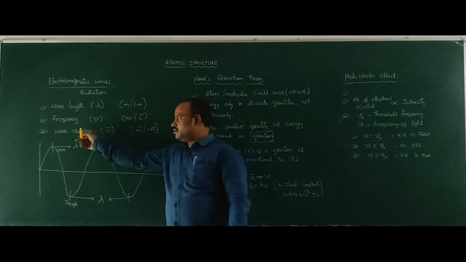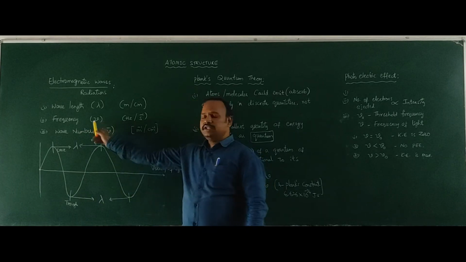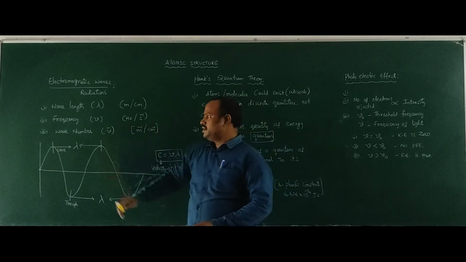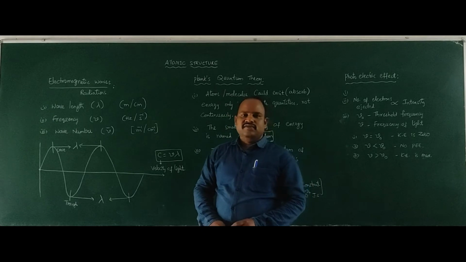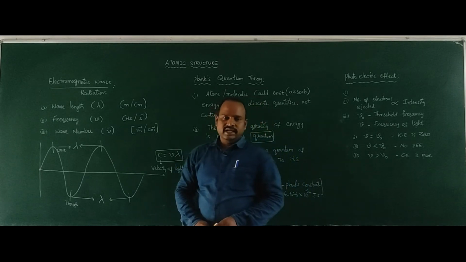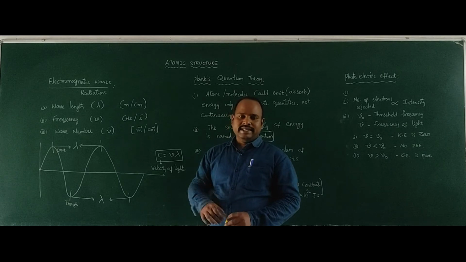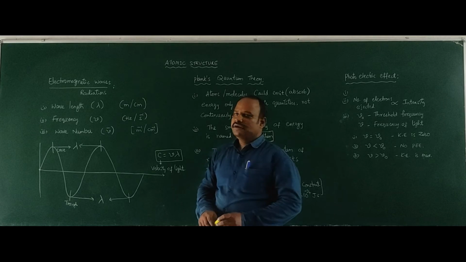The second one, frequency, is indicated by the symbol nu, N-E-W. What is frequency? The number of waves propagated through a single point in a second is named the frequency.